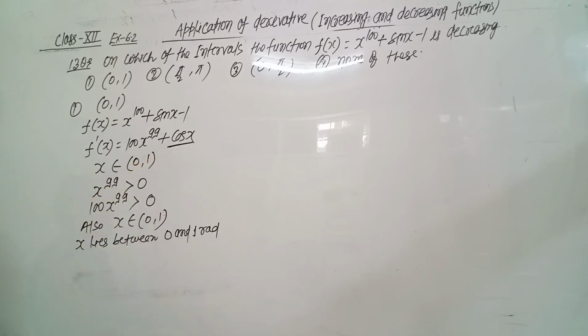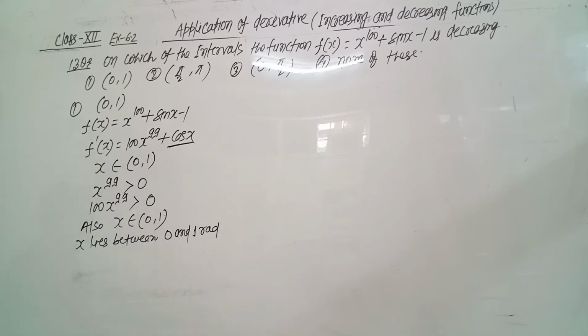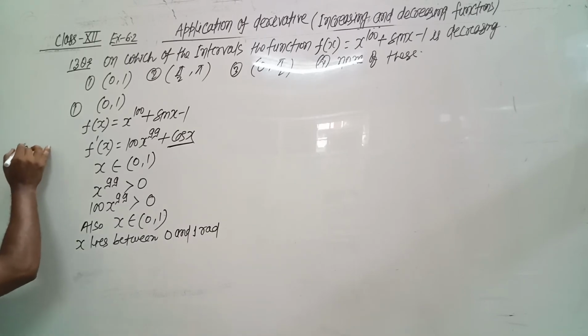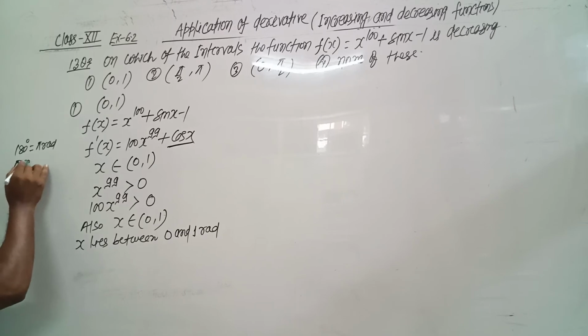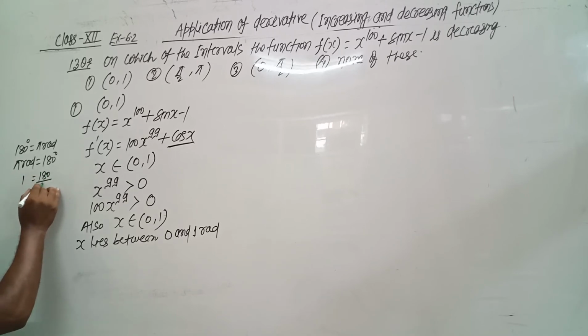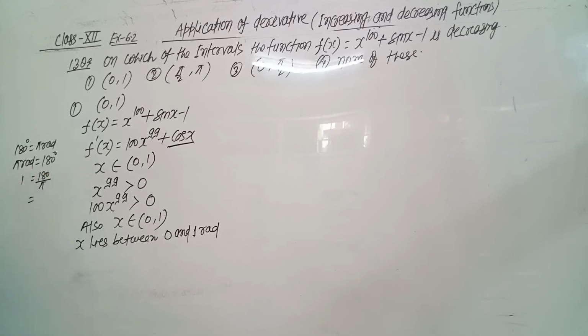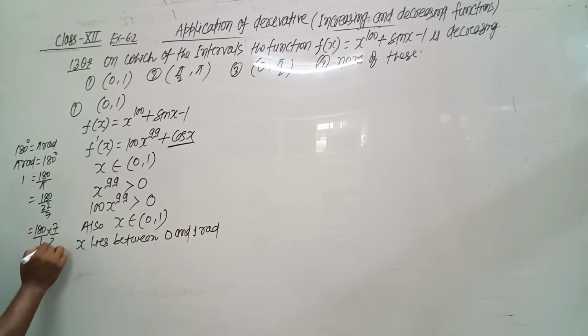Now here we have cos x, so we have to convert this radian value into degrees. The formula to convert radian into degree is 180 degree equals pi radian, meaning pi radian equals 180 degree. So 1 radian equals 180 by pi degree, and 180 by pi means 180 by 22 by 7, which we can write as 180 into 7 by 22.